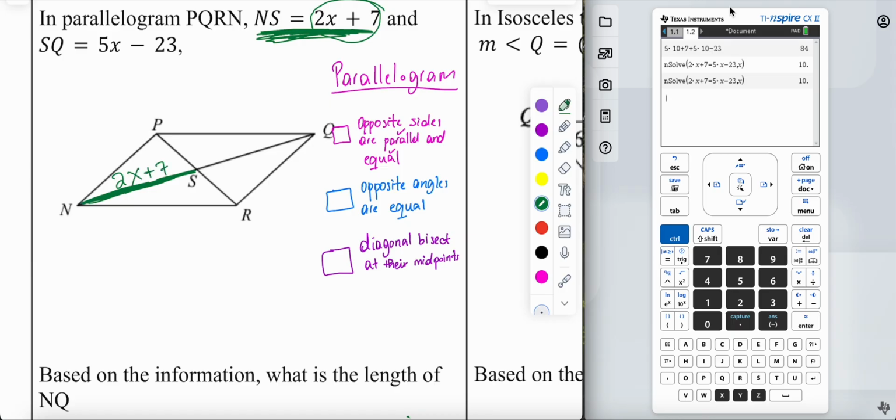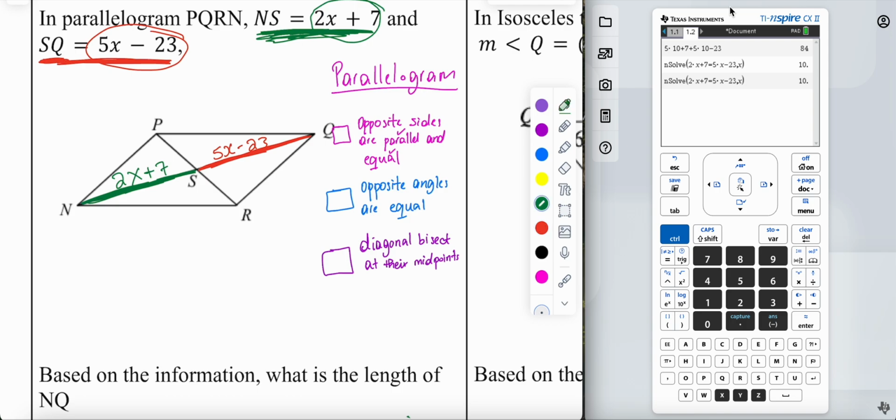And then we're going to go to SQ. SQ was given to us. So we're going to color SQ, and then label SQ with 5x minus 23. So 5x minus 23.